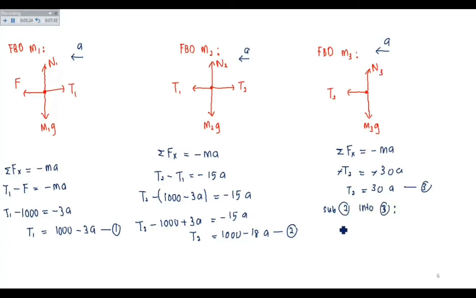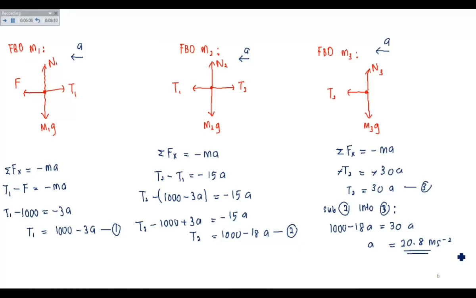Okay, so we will get T2, which is 1000 minus 18A, equals to 30A. So A, okay, solve this equation, rearrange, and we will get A equals to 20.8 ms negative 2.